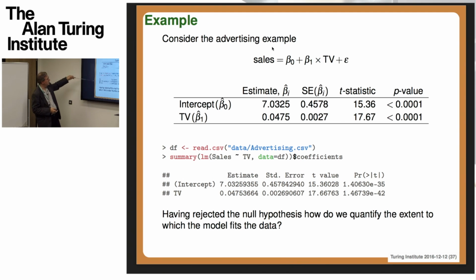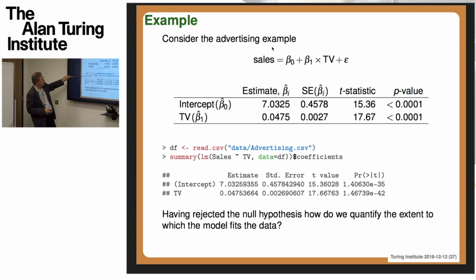In practice with R, suppose we were doing this TV model. We fit the model as before and obtain the coefficients, but here if we use the summary function and then the dollar command, it enables us to extract the coefficients part of the summary. What it gives is not just the estimates, which we've seen before, but also the standard errors, the t-values and the p-values.